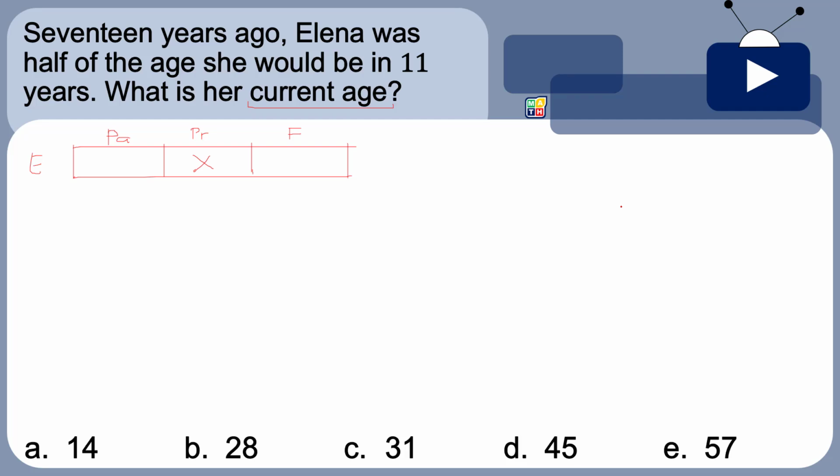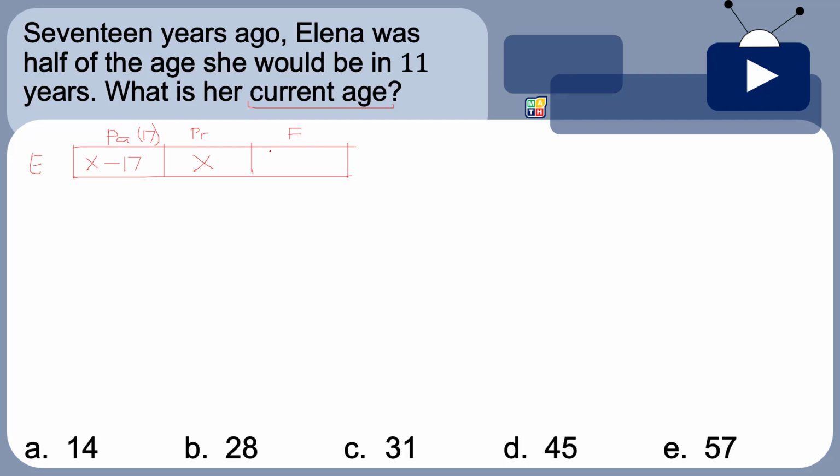When you talk about the past in age problems, you subtract the number of years from the present. In this case, X minus 17, because your past here is 17 years ago. If this is 10 years ago, minus 10. If this is 5 years ago, minus 5. Again, if your current age is 20, 20 minus 17 is 3, that's correct.